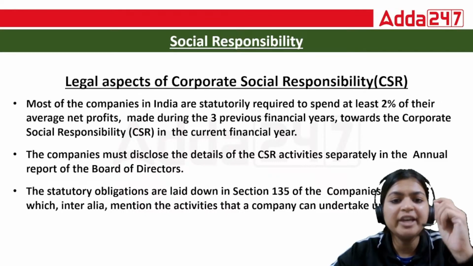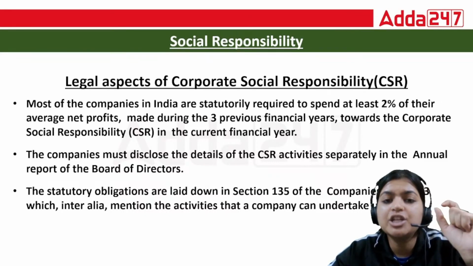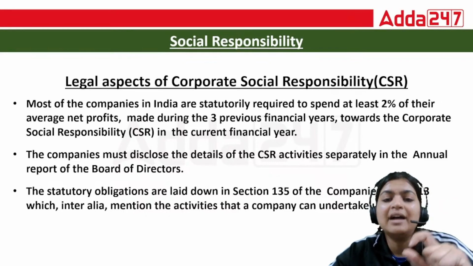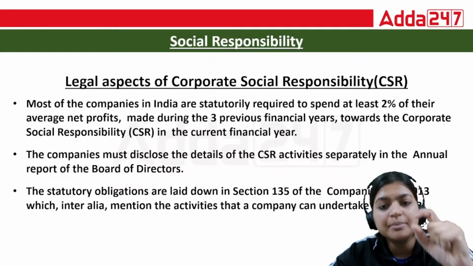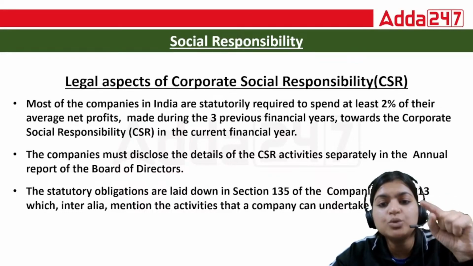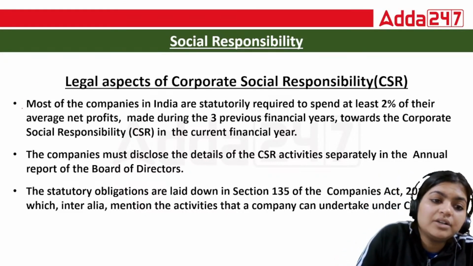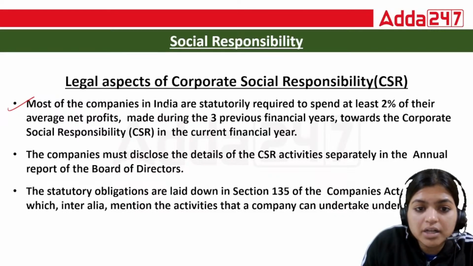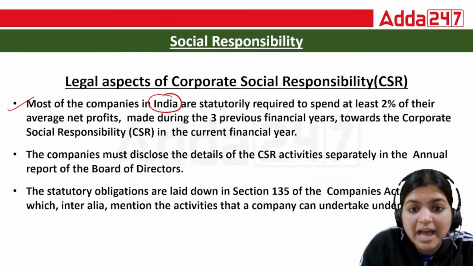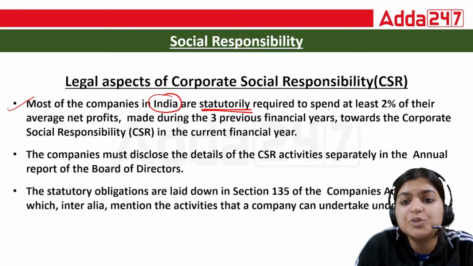But we have one section, that is Section 135. As per that, if companies are complying with CSR, they need to especially check this legal aspect. The first point is if the company is statutorily required to spend.